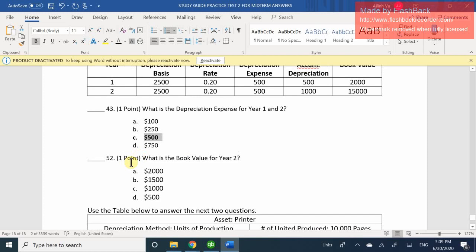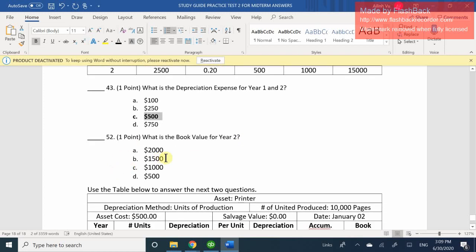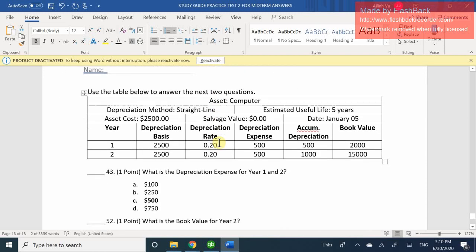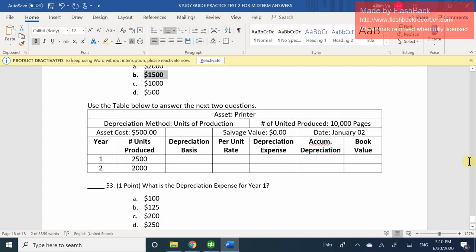Okay, so now the question for number 32 is what is the book value on year 2? 1,500. Good. All right. So see, straight line's the easiest one, remember? Once you solve for one, you can solve for the rest easily. Okay. All right. Number 2.